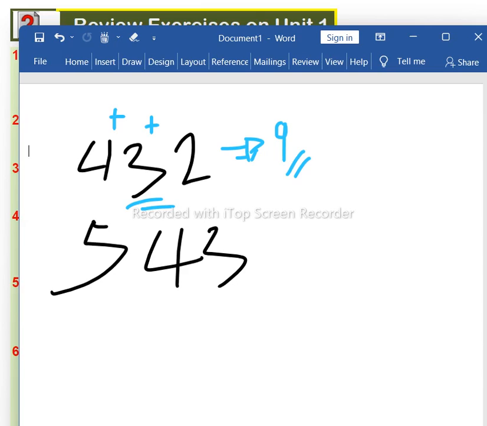So we say a number is divisible by 3 if, when we add its digits, the sum is divisible by 3.